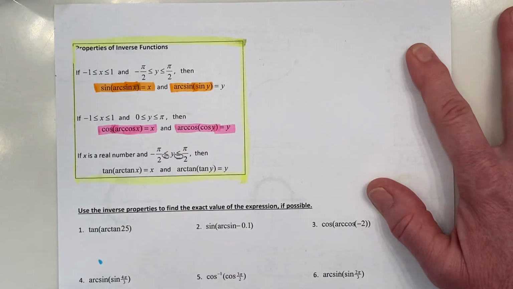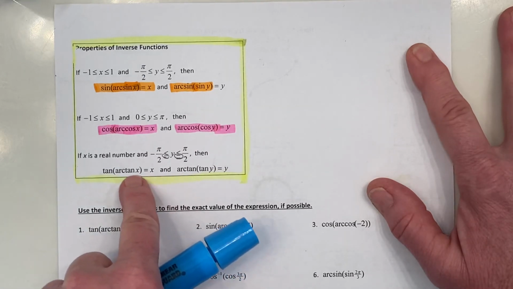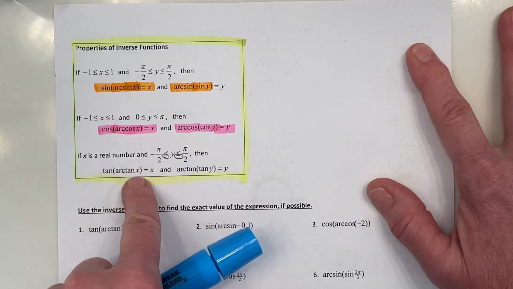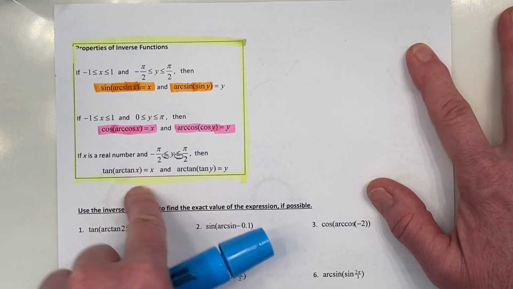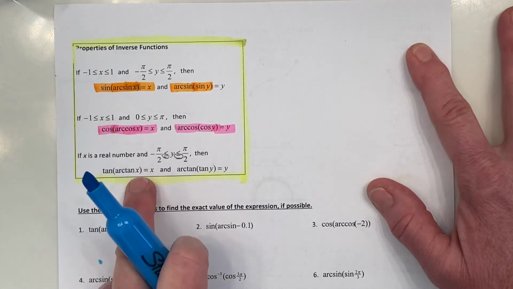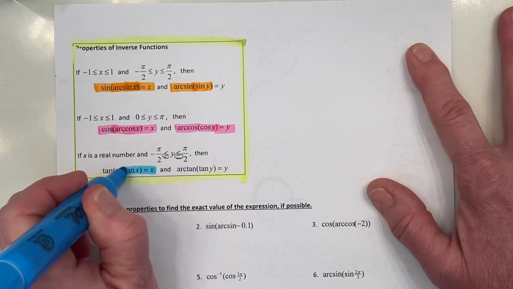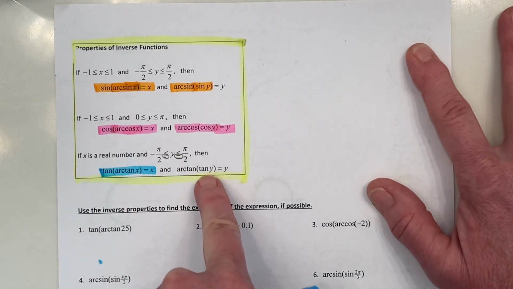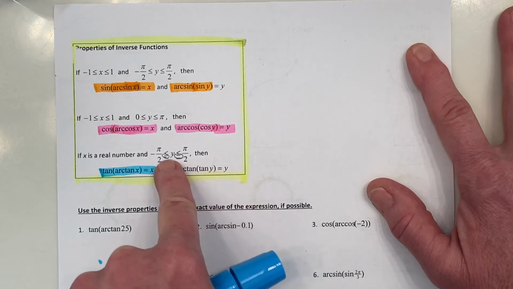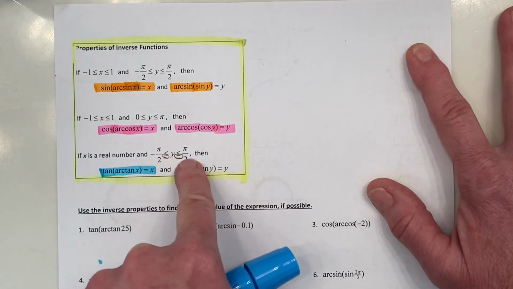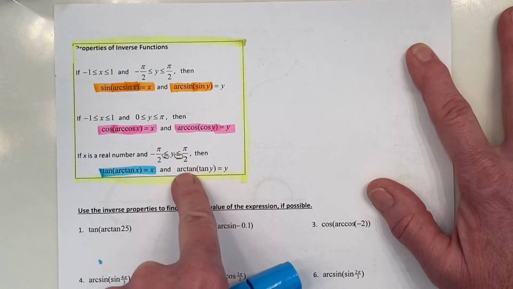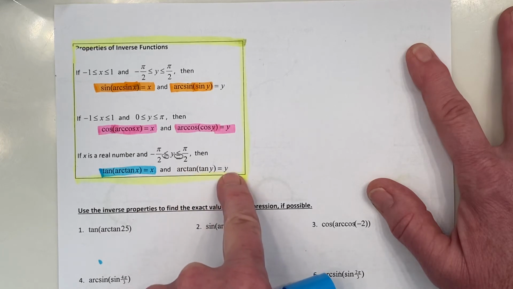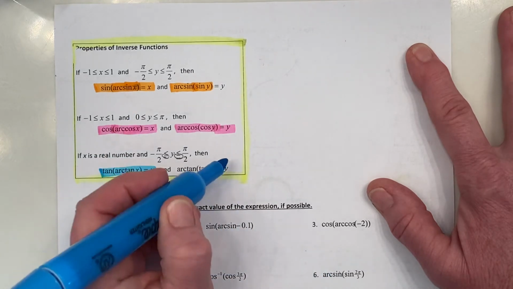All right, then it says that my answer is x, which is in my problem, as long as x is any real number. If I'm doing the arctangent of x and then the tangent. All right, if I'm finding the regular tangent of an angle, as long as y fits in this interval, and I go back and do the arctan, my answer should be what's in the problem.